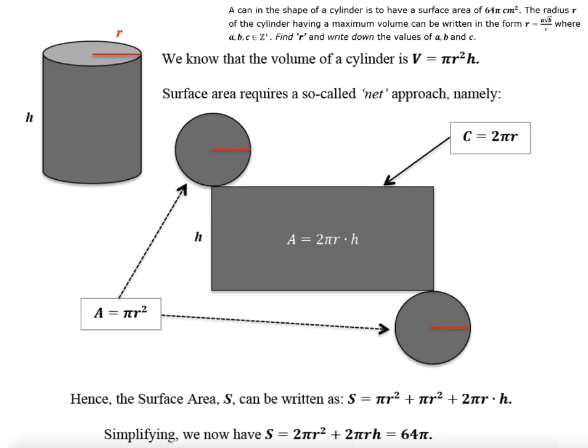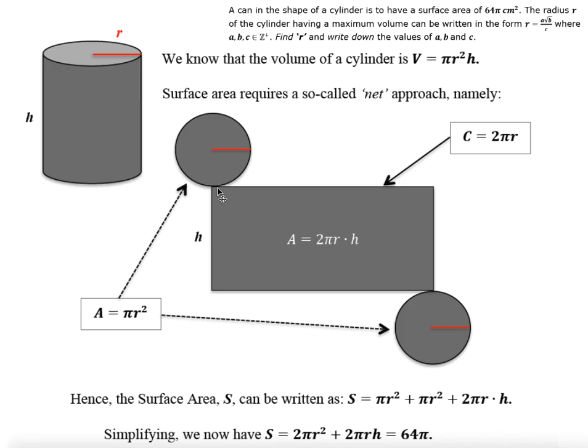So if we go here and actually use what is a nets approach, right? I guess firstly, before we even have considered the net approach, we could have simply written down the volume of a cylinder, which is in your formula booklet. That'll sort of get things started. And if you look at each of these pieces, of course, the surface area would be 2 of these, hence twice or 2 pi r squared. That's what's coming in terms of these guys being added up.